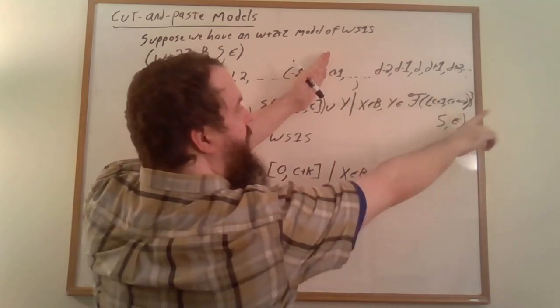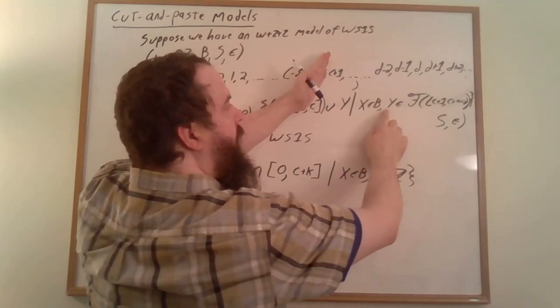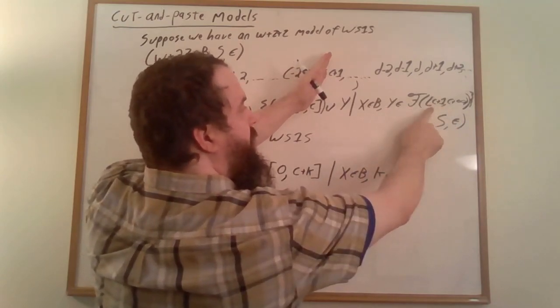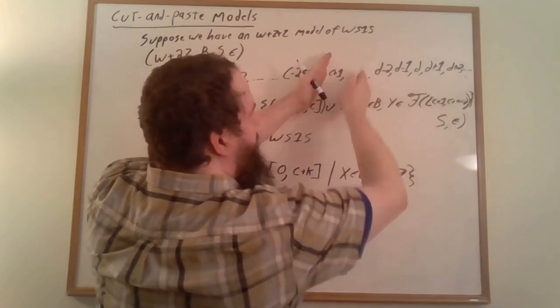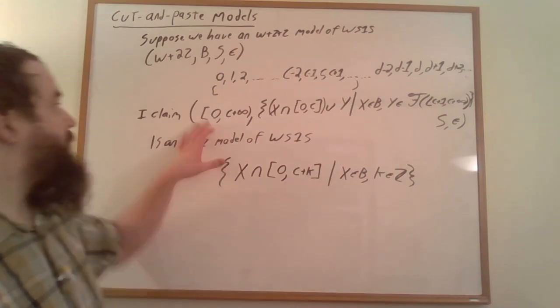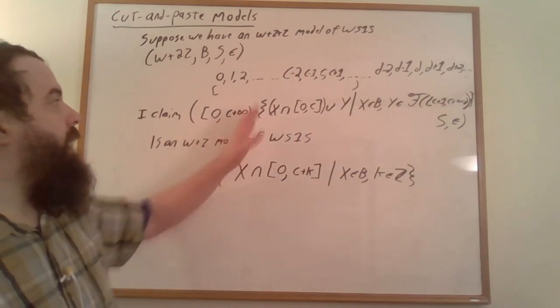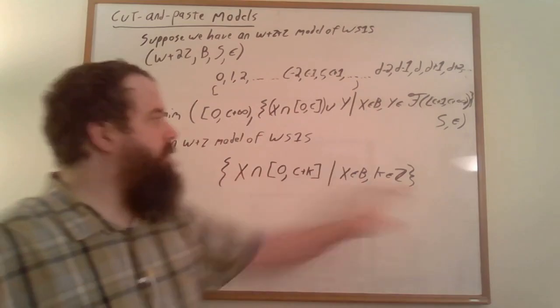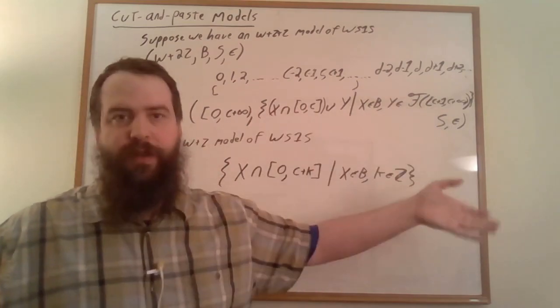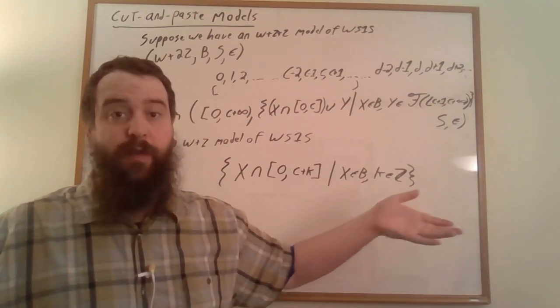I'm going to notate that by this. I'm going to say that y is a finite subset of the interval from c plus 1 up to c plus infinity. I'm describing the same collection of subsets of this interval here when I use this notation and when I use this notation, but again, I'm using this notation to kind of set up for a generalization that I'm going to do later on.